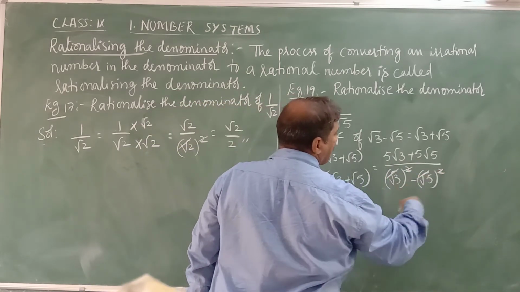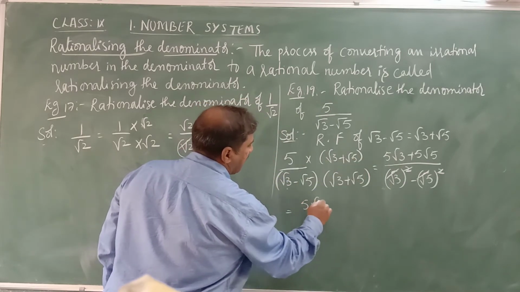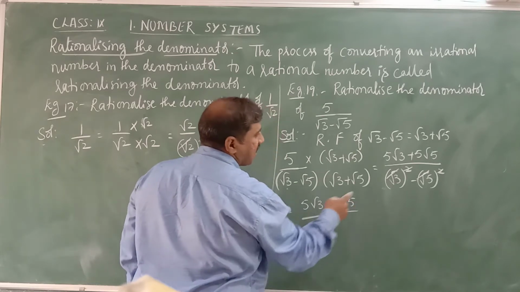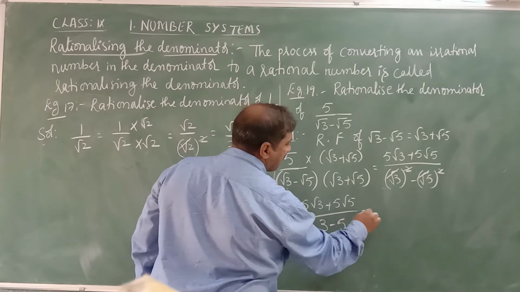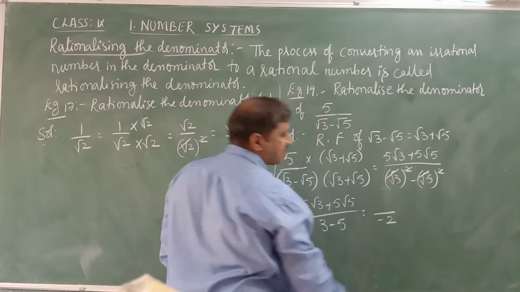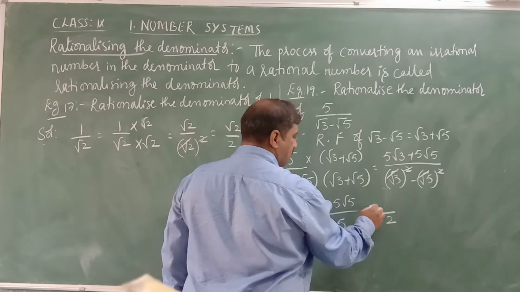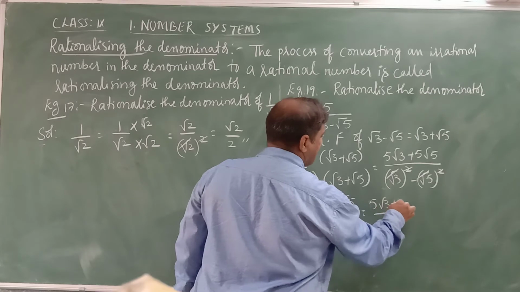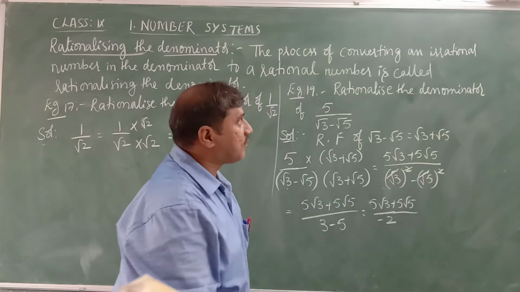What we get is 5 root 3 plus 5 root 5 divided by 3 minus 5. 3 minus 5 is equal to what? Minus 2. Numerator: 5 root 3 plus 5 root 5.